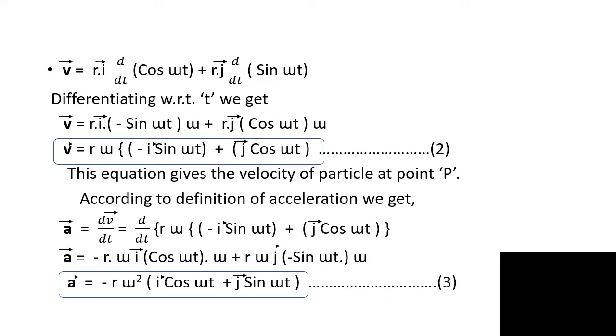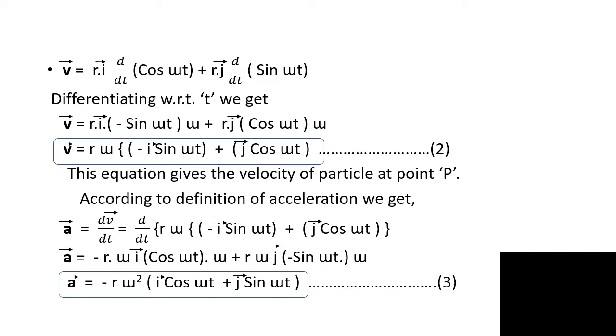Here again, the left hand side of equation 2 gives us the velocity vector at point P. The right hand side gives us the magnitude of velocity, r omega, and the bracketed quantity gives us the direction of linear velocity.